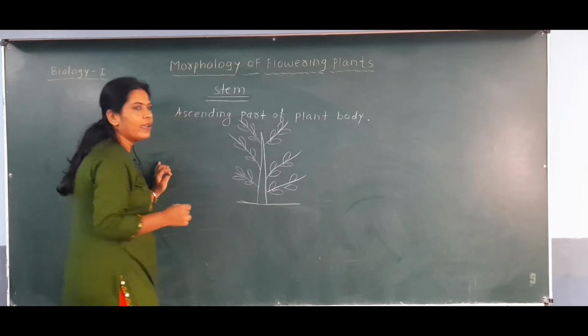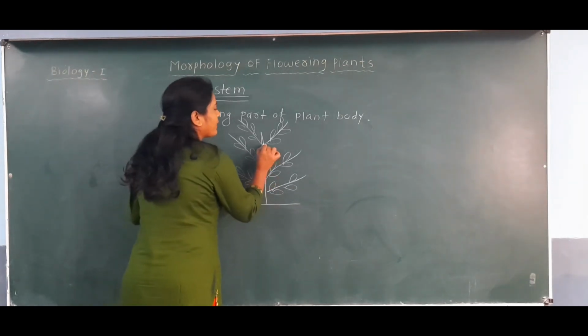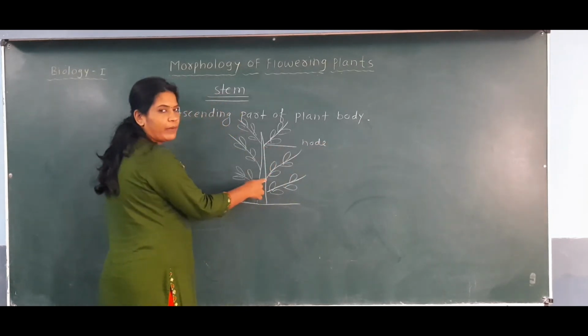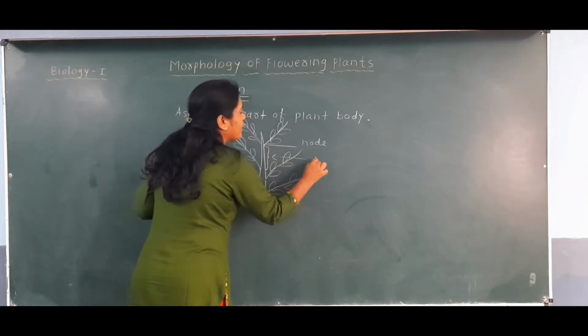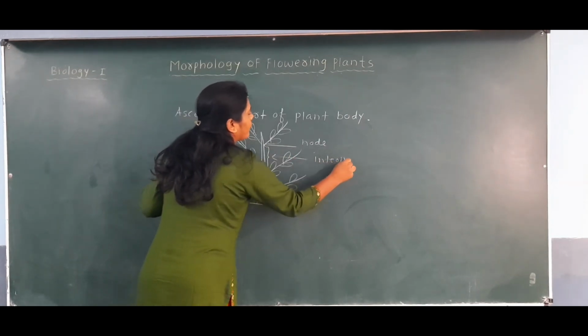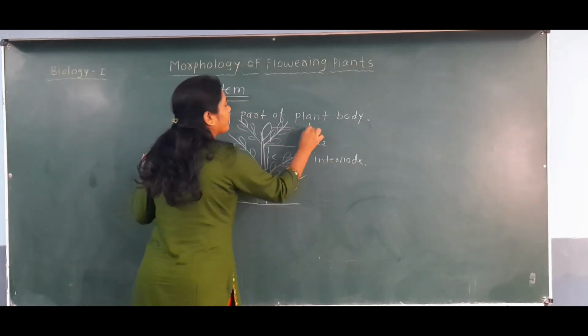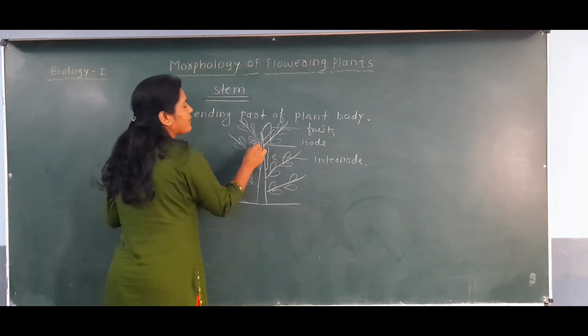The part of the stem on which leaves arise is called the node, and the distance between two successive nodes is called the internode. There will also be fruits and flowers.